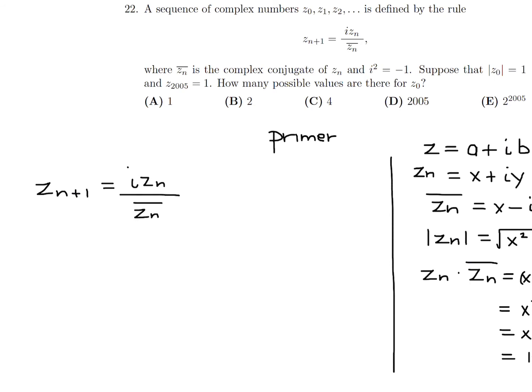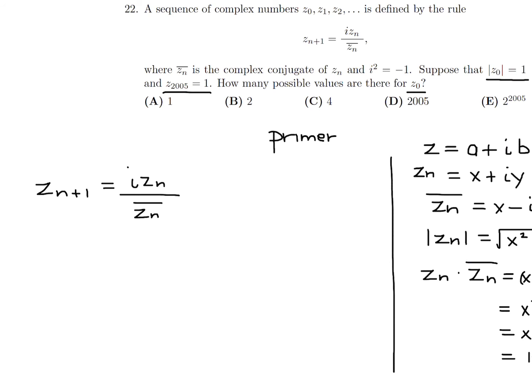All right. Now we are also told that z0, the magnitude is 1. And that's about it. Not much more than that. So we have to somehow figure out how many values there are for z0, with the only other clue that z2005 is equal to 1.